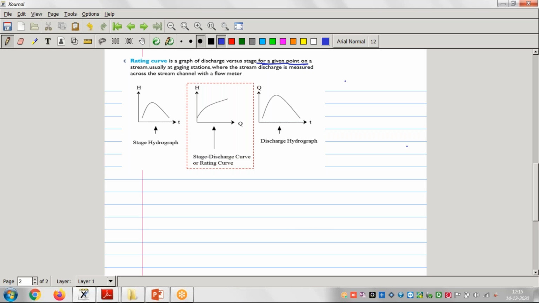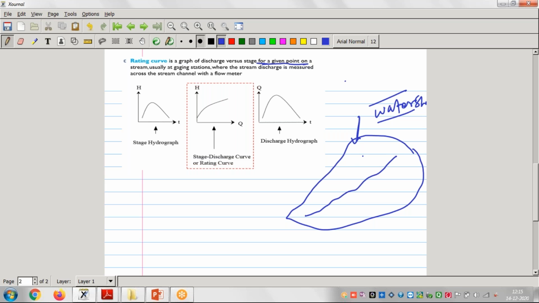For example, this is our whole area, right? We have already seen this whole shape is called a watershed, right? And here you will see one river is flowing, and within this river some small rivers are meeting. Whatever water comes in this area first flows in these small rivers, then comes into this main river, right?